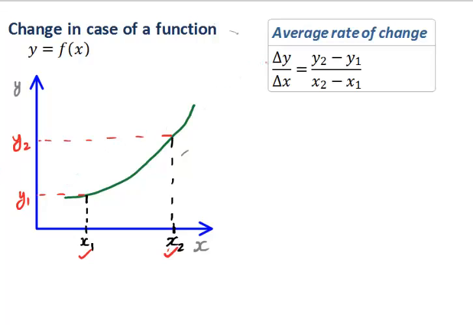Now let's try to understand what delta y by delta x individually mean. Our delta x is this much, delta x. Similarly, y changed from y1 to y2.